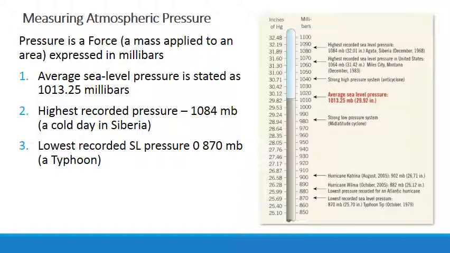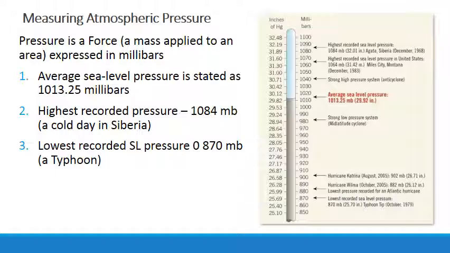If you look at this figure, it shows you the range of atmospheric pressures that have been recorded on the planet. The highest ever recorded was in Siberia in December. So if you can imagine clear and cold weather, you might imagine 1,084 millibars of pressure. Very, very dense air, very cold air, and very high pressure.